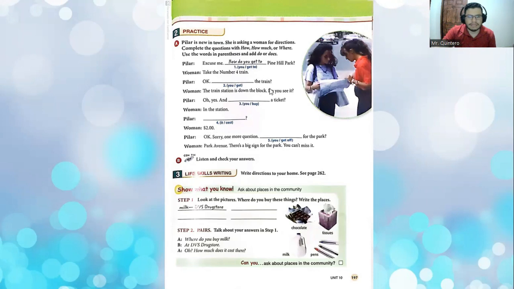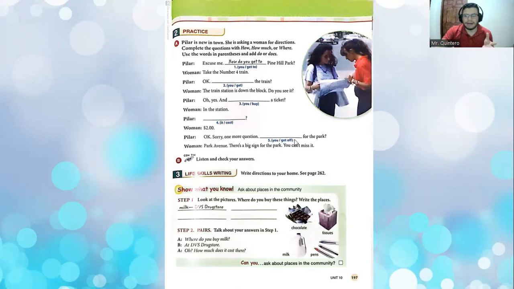The next one is, where do you get off for the park? Park Avenue. There's a big sign for the park.